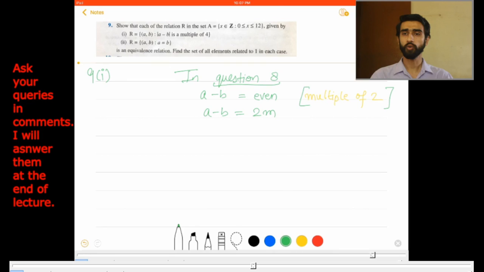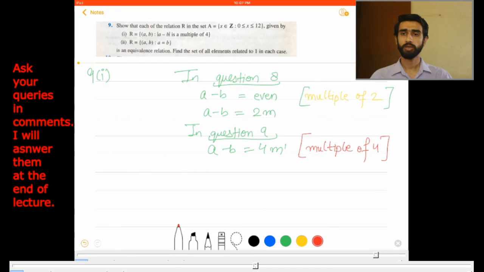And in question 9, he is saying that a minus b should be 4m, or I can say it should be a multiple of 4. So in place of 2, you can replace the number 4. They were multiples of 2 and this is a multiple of 4. So both of these parts are very much the same. So you can do this at home. This is for your homework.